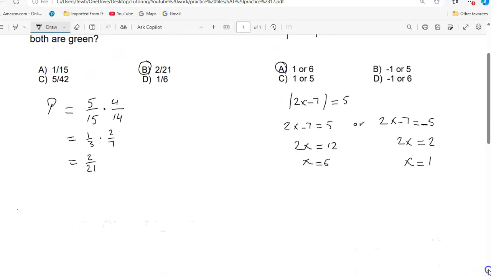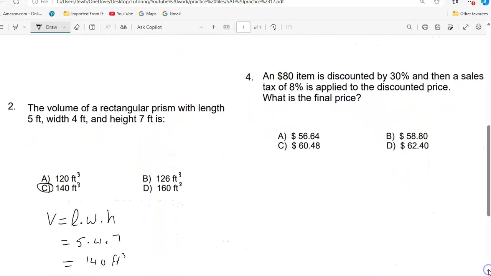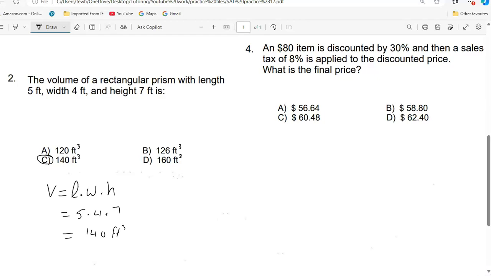And for the last one, number 4, you can give it a try. For this one, they said an $80 item is discounted by 30%, and then a sales tax of 8% is applied to the discounted price. What is the final price?